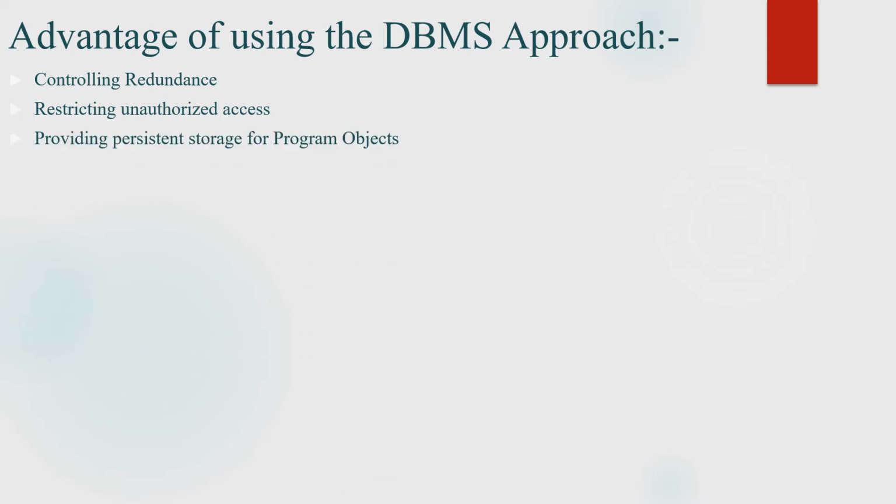The next is providing persistent storage for program objects. The database system must be capable of providing proper storage for program objects and data structures, for everything you are going to store in your database.